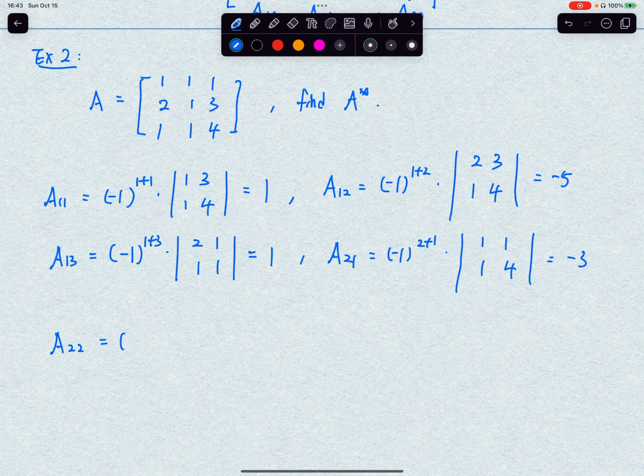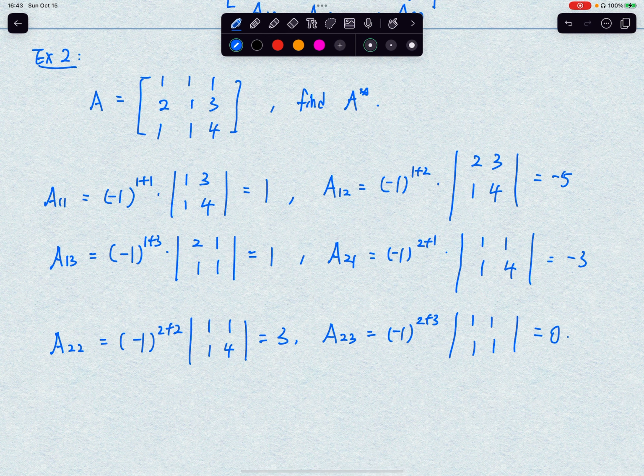Then for A22 equals minus 1 to the 2 plus 2 times the determinant of 1, 1, 1, 4, which gives us 3. For A23 equals minus 1 to the 2 plus 3 times the determinant of 1, 1, 1, 1, which is 0. For A31, minus 1 to the fourth power is just 1, so it is the determinant of 1, 1, 1, 3, and this is 2.